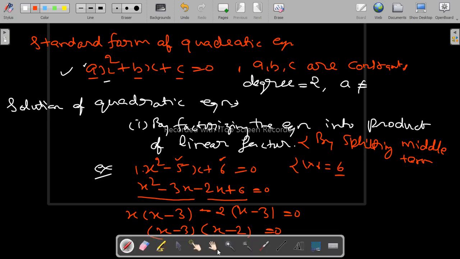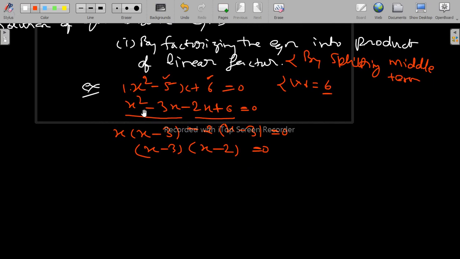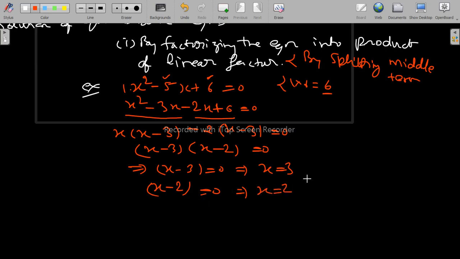It means we have factorized the given quadratic equation into the product of linear factors. To find the solution, one by one we equate each factor to 0. When x minus 3 equals 0, x equals 3, and when x minus 2 equals 0, x equals 2.